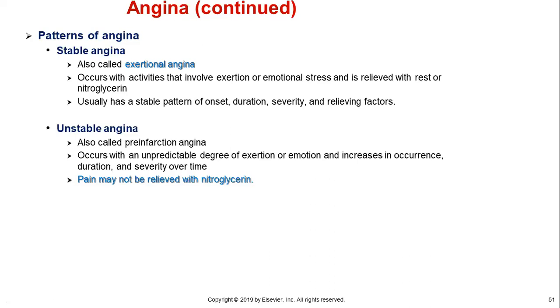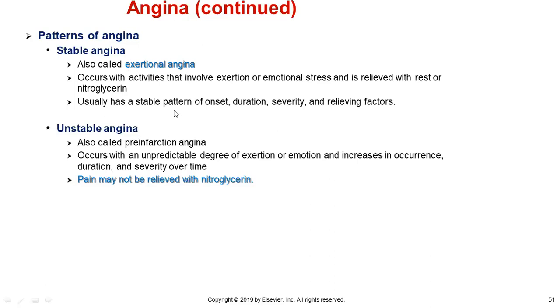When I do something, pain starts, and this is called exertional angina. So stable angina occurs with exercise, with work, when the patient works or exercises, and is relieved by rest or nitroglycerin.